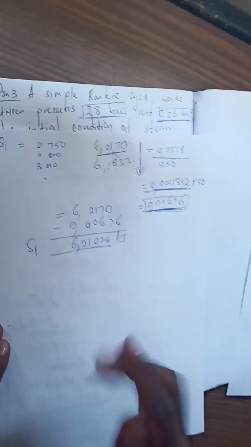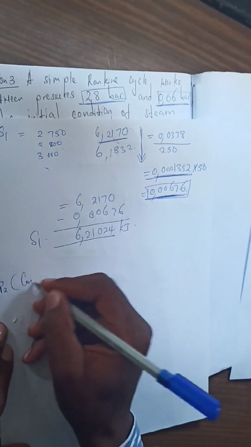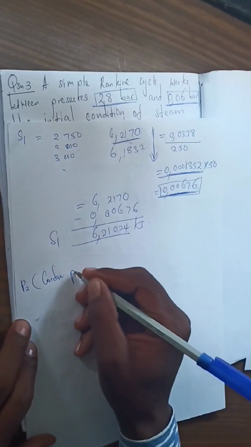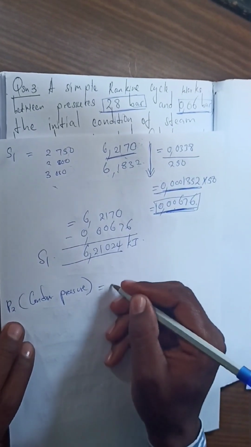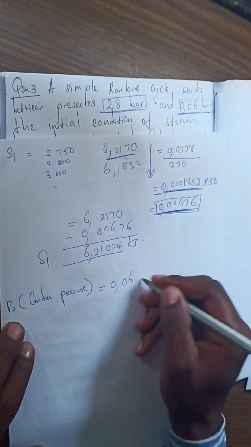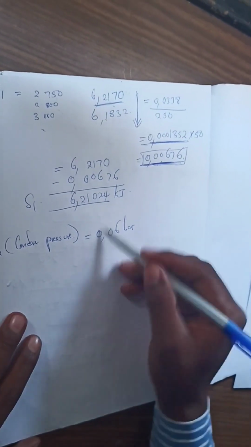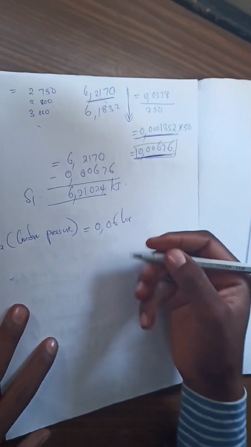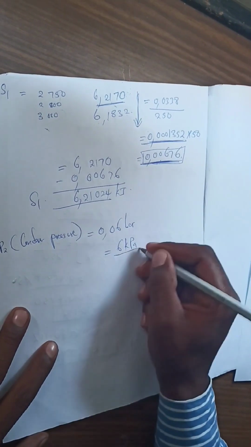So now we are going to jump on pressure 2, which is the condenser pressure. On the condenser pressure, we are given 0.06 bar. So we have to change this to kilopascals. So it's going to be 6 kilopascals.